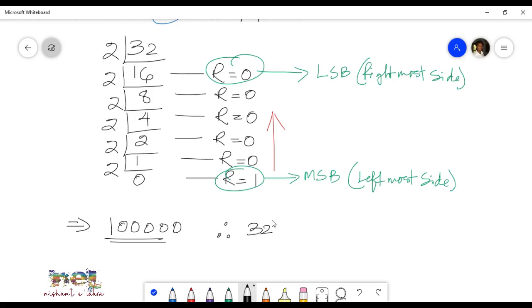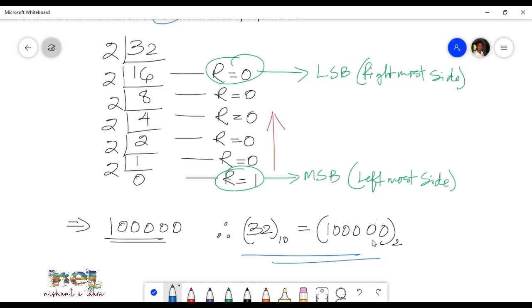We do not say it as 1 lakh. Remember, we will not call it as 1 lakh because we will count it individually, 1 and 0. So here 32 base 10 is equal to 100000 base 2. That is binary. I hope you have understood this.